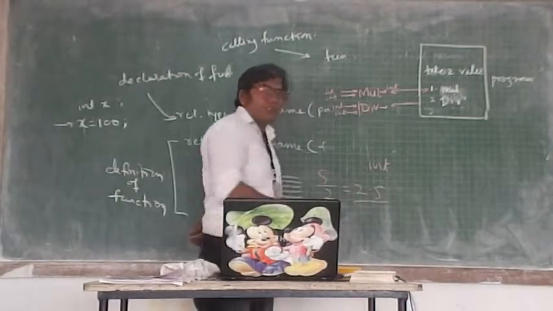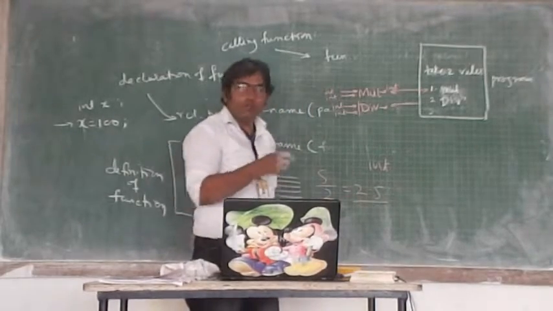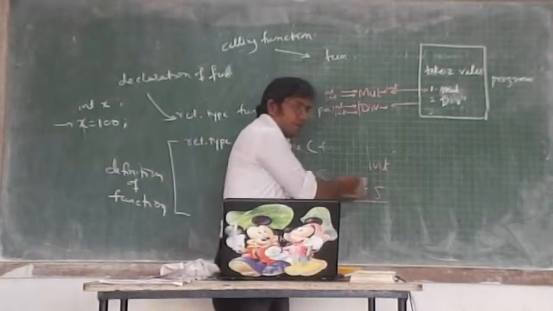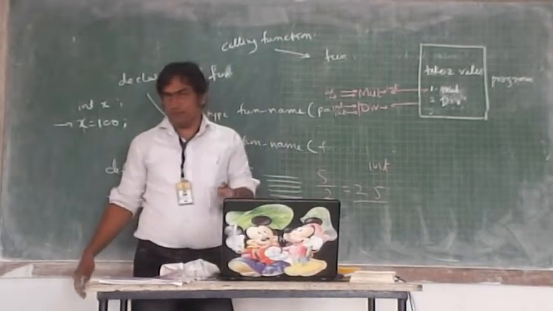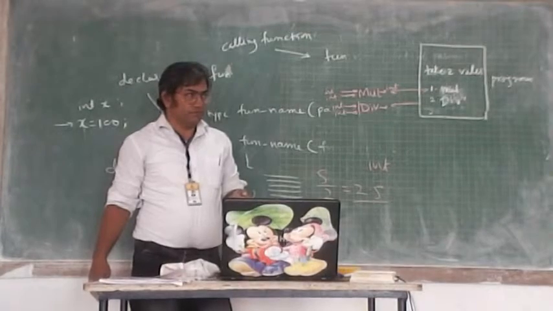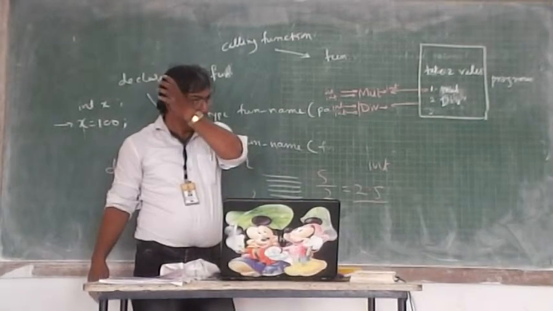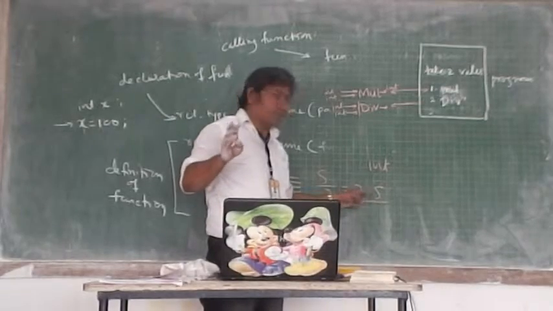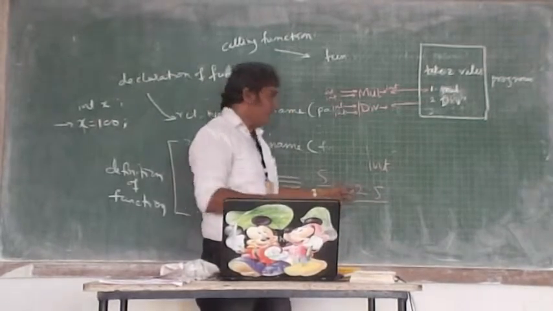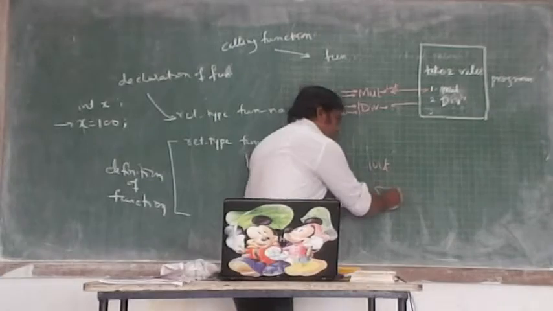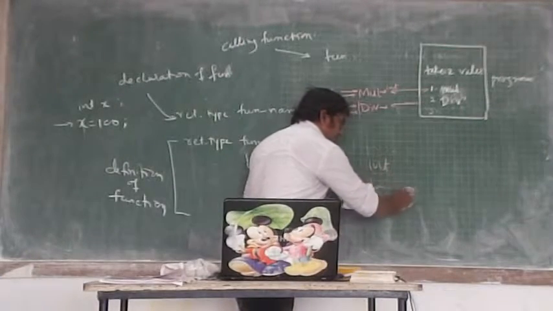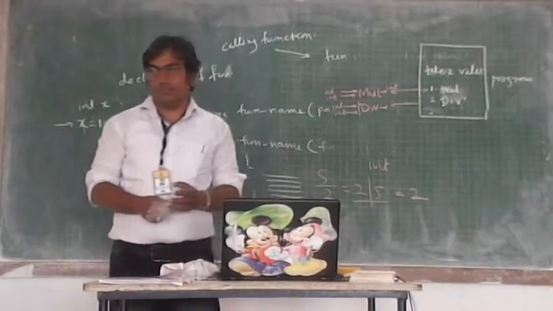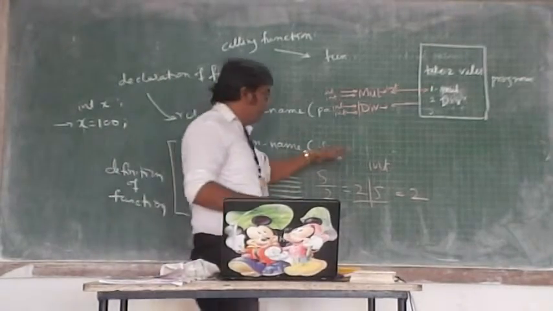This 2.5 is a floating point number, and you are asking your compiler to put this floating point number into integer storage. Integer never stores a floating point number. It truncates this number and only stores 2. And 2 is a wrong answer. So this should not happen.